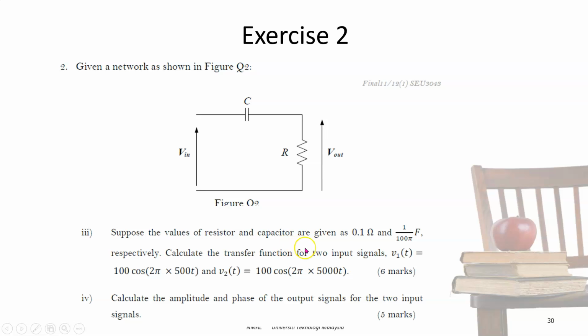You have to calculate the transfer function for the two input signals when V1 is equal to this value and V2 is equal to this value. Once we found the transfer function, we chip in the values here and calculate based on the given V1 and V2 signals. Both V1 and V2 are actually the Vin signals. And calculate the amplitude and phase of the output signal for the two input signals.